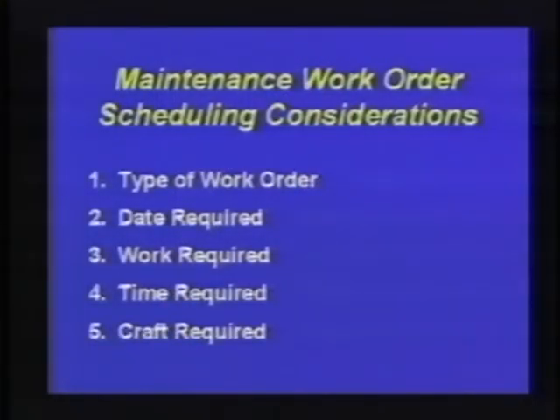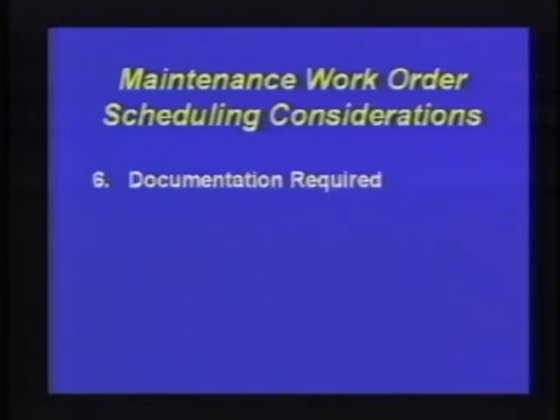The craft requirement, item number 5, would depend upon the type of work. Now, are there special documents that are going to be required? It's either yes or no, and if it is yes, then it's up to the storeroom to obtain those documents and apply them to the maintenance work order.